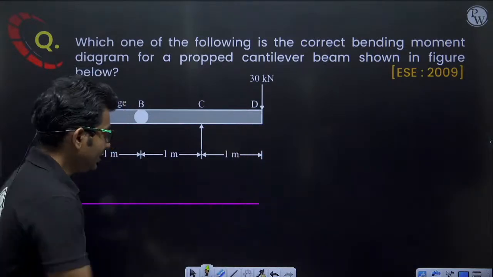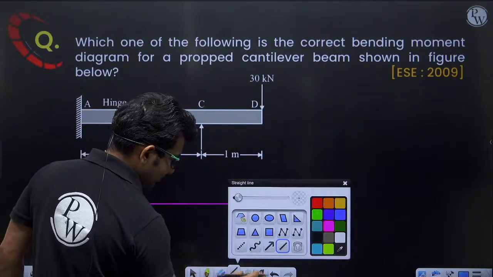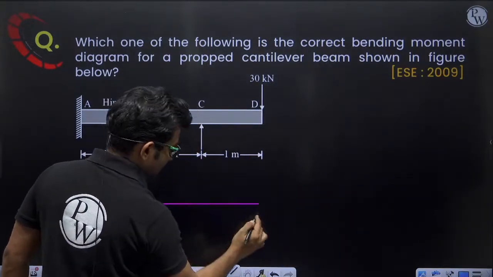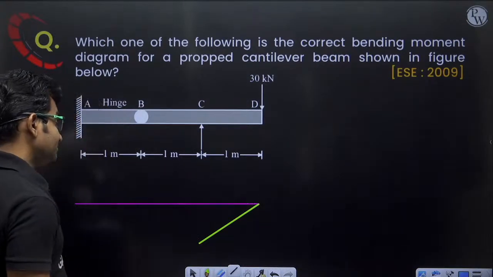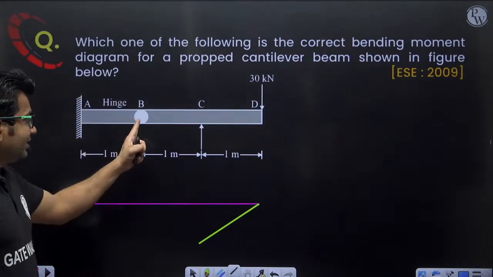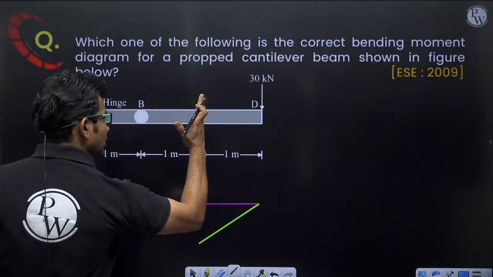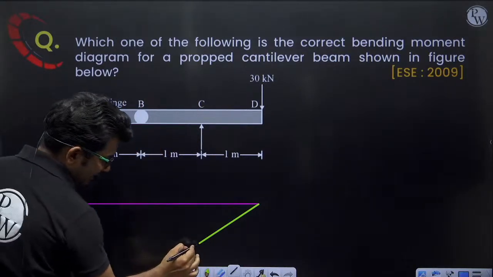So here I will be getting the value 30 into 1, and it will be negative. So I will be getting the bending moment diagram value as 30 like this. Now at this location bending moment will be 0, and from here to here, this entire portion, I will be getting a straight line.